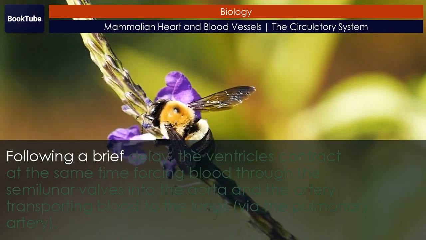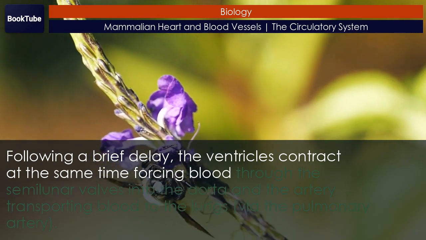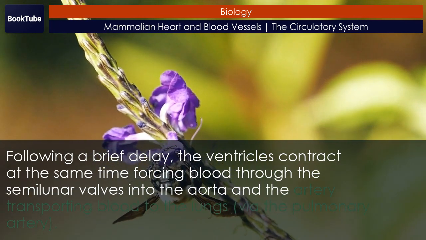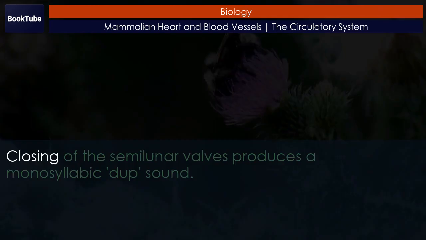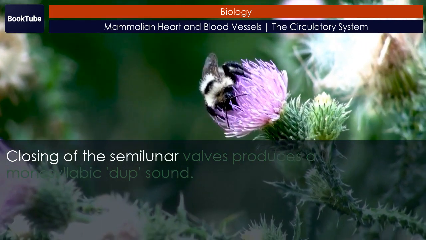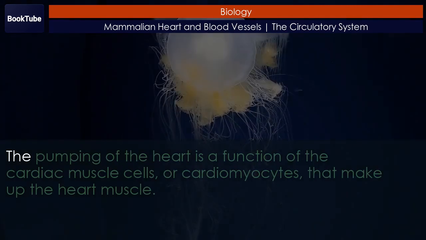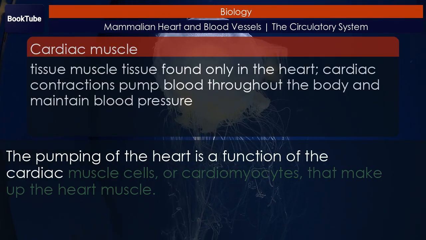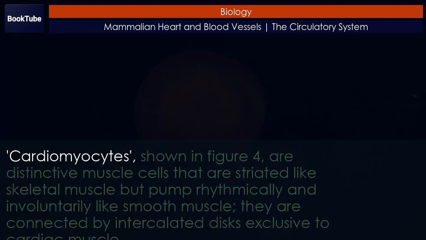Following a brief delay, the ventricles contract at the same time, forcing blood through the semilunar valves into the aorta and the artery transporting blood to the lungs via the pulmonary artery. Closing of the semilunar valves produces a monosyllabic dup sound. The pumping of the heart is a function of the cardiac muscle cells, or cardiomyocytes, that make up the heart muscle.